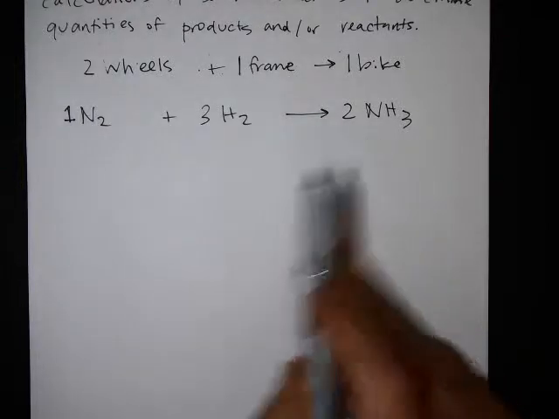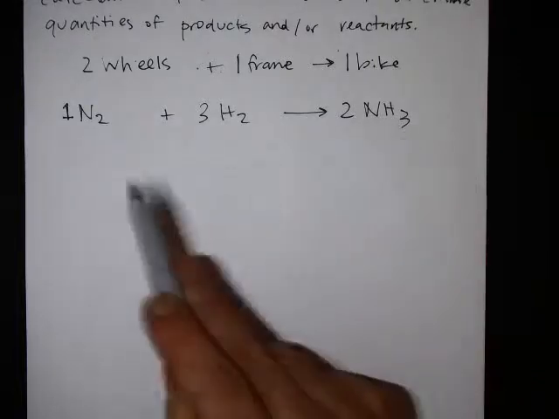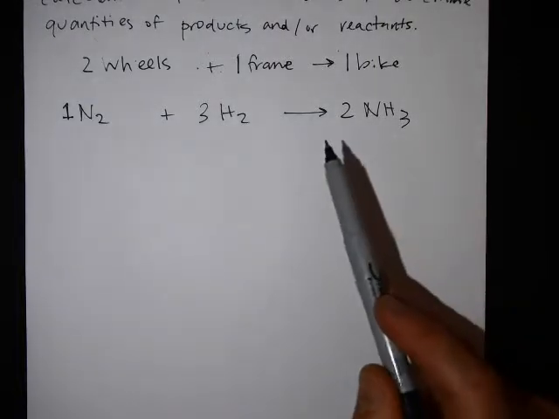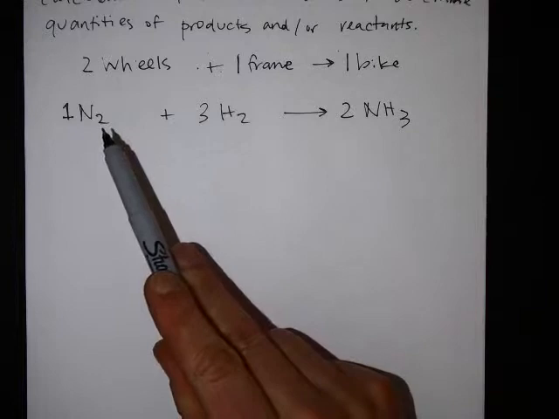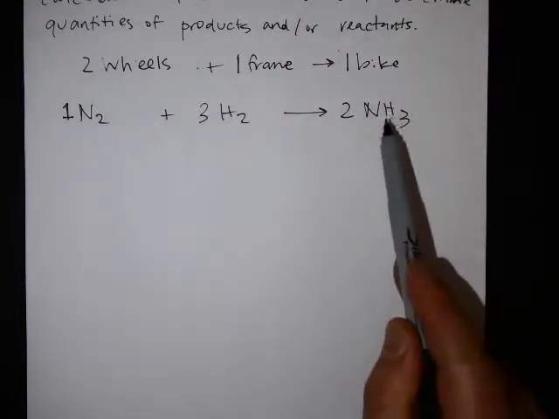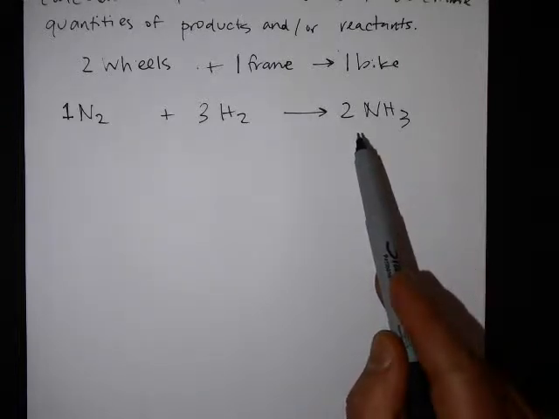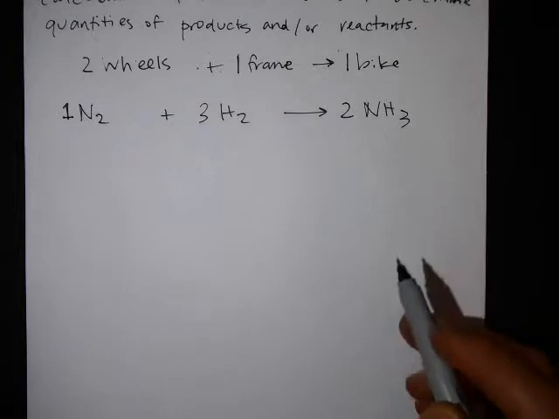Every time it takes 1 molecule of this, 3 molecules of that to make 2 molecules of this. Now I know that 1 plus 3 is not equal to 2, but what's happening here is that you're taking 2 nitrogens and 6 hydrogens and rearranging them to get 2 ammonia molecules, 2 NH3. The total amount of stuff remains the same.